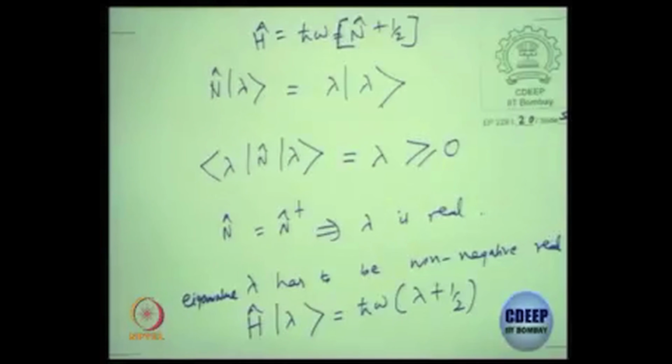But why integers? This condition only tells me lambda has to be real. We need to figure out why lambda has to be integers. I have not still proved for you that lambda is integers. I only said from this algebra, introducing the ladder operators, that lambda has to be non-negative and real. We need to still prove that lambda is an integer. We will do that.